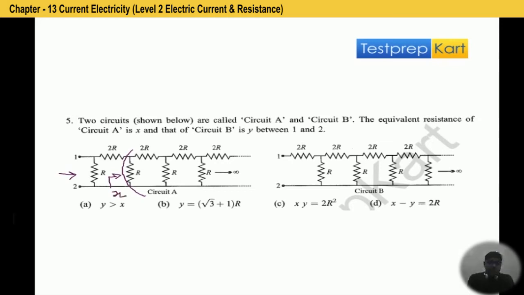So the resistance of this portion is X, as well as the resistance of this portion is also X.